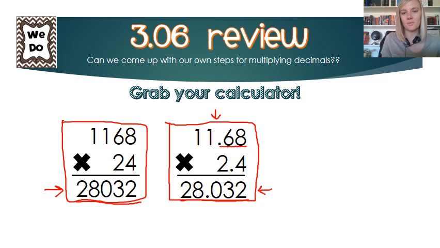We have 2 decimals to the right of our decimal point, and in 2.4, we have 1 decimal to the right of our decimal point. And in our answer, we have 3 decimal places to the right of our decimal point. Does that make you think of anything? Anything that might help us out when we are looking at steps for multiplication?